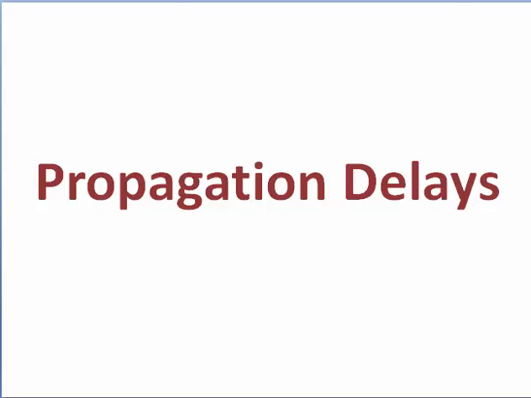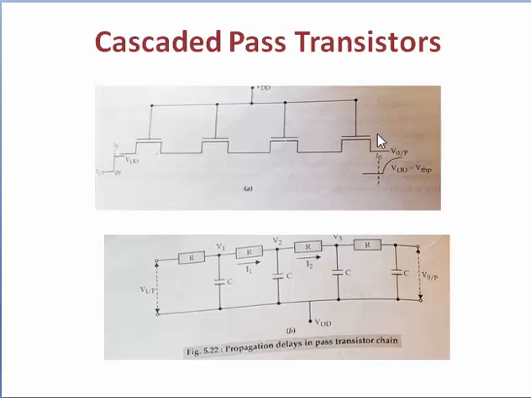Now there are two types of delays in VLSI. First is cascaded pass transistor, and second one is design of long polysilicon wires. Now first we have cascaded pass transistor. What is a pass transistor? How does it work? Generally, pass transistor is a series of transistors connected as shown in figure.